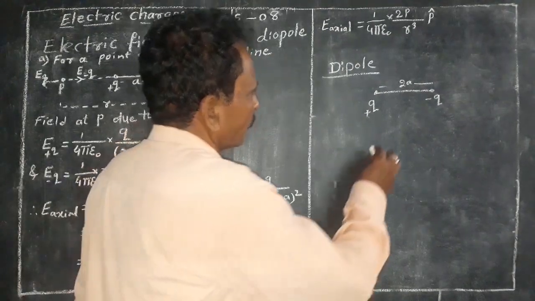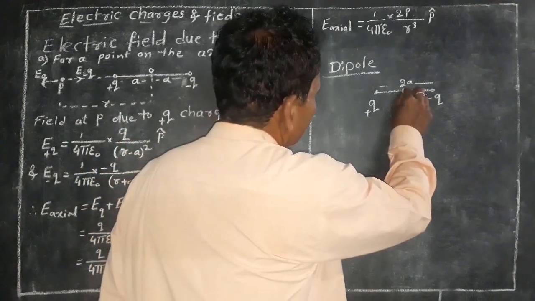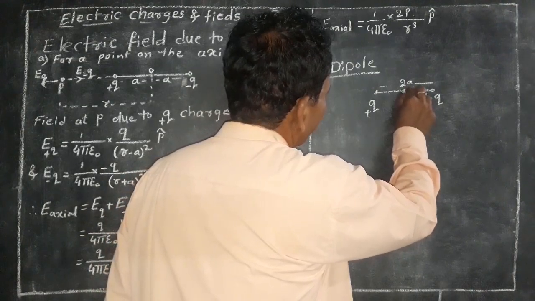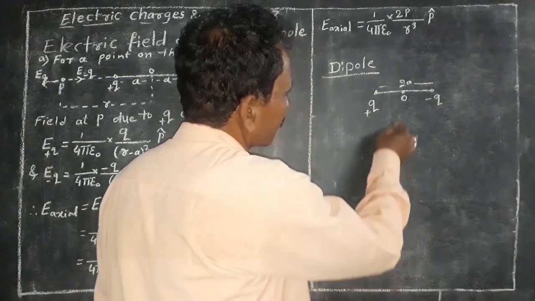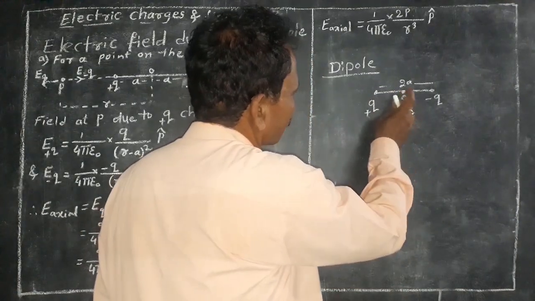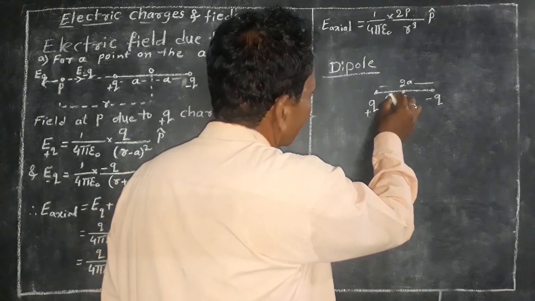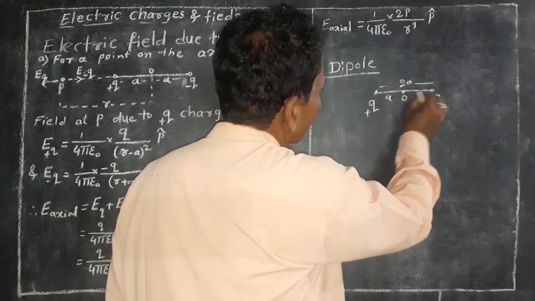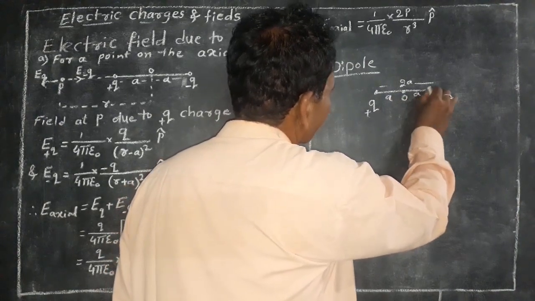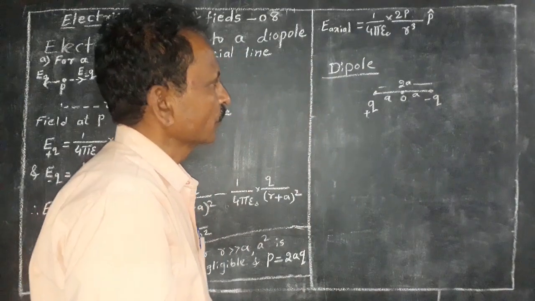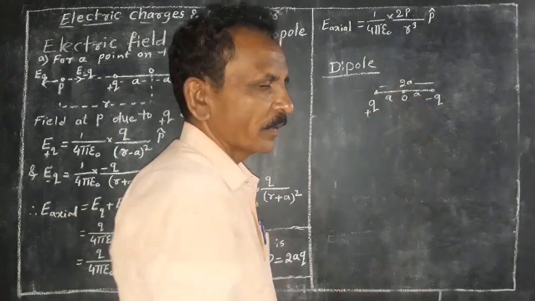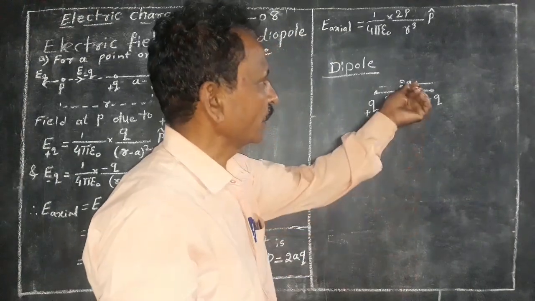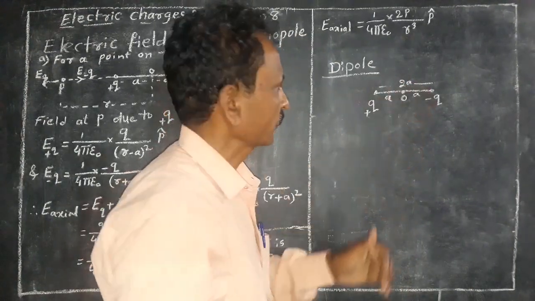Let O be the midpoint of the dipole, then the distance between the midpoint and plus q is a, and the distance between O and minus q is also a. A is called the semi-dipole length and 2a is the dipole length.